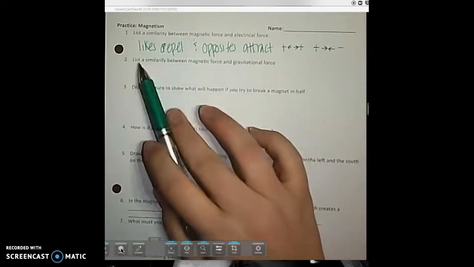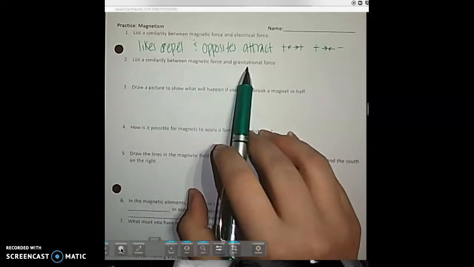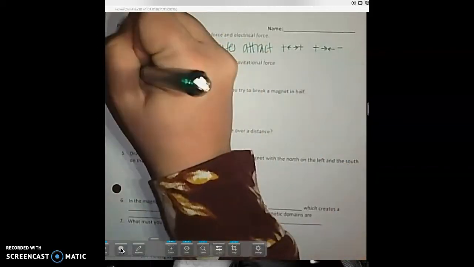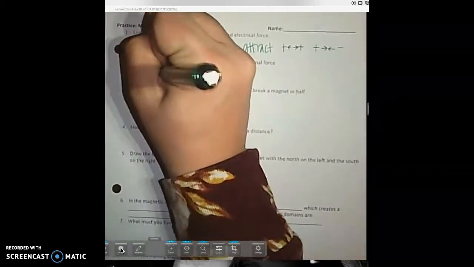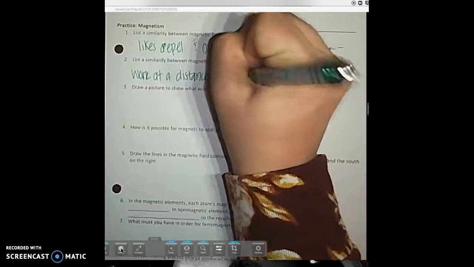All right, number 2, it says list a similarity between magnetic force and gravitational force. So both of these things can work at a distance.